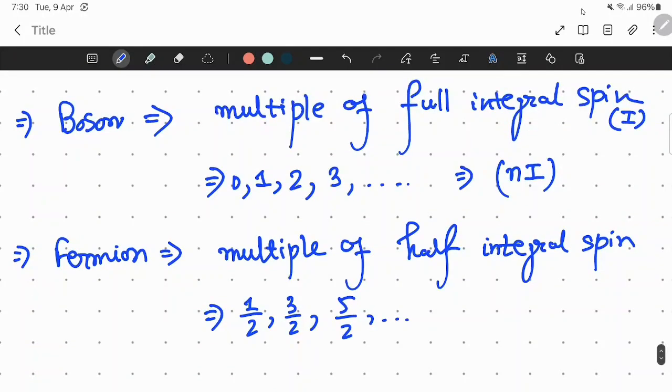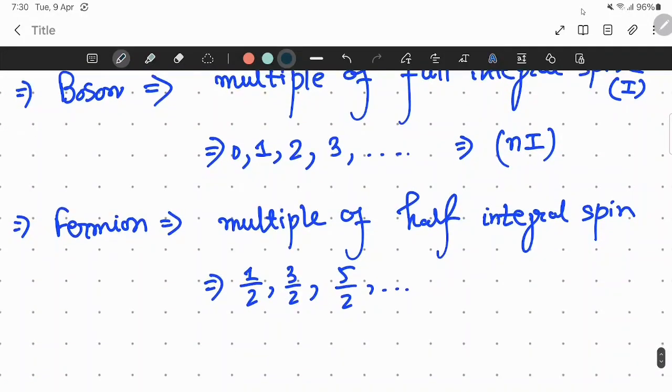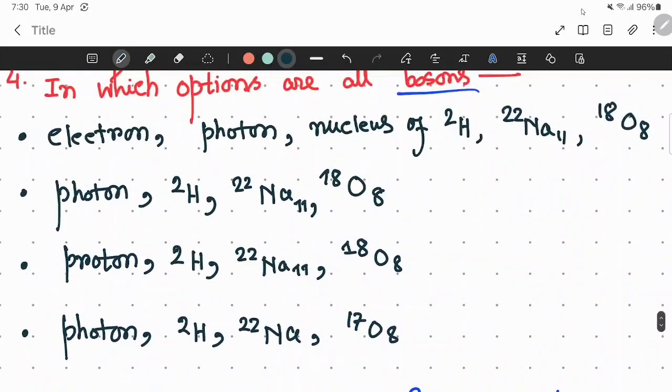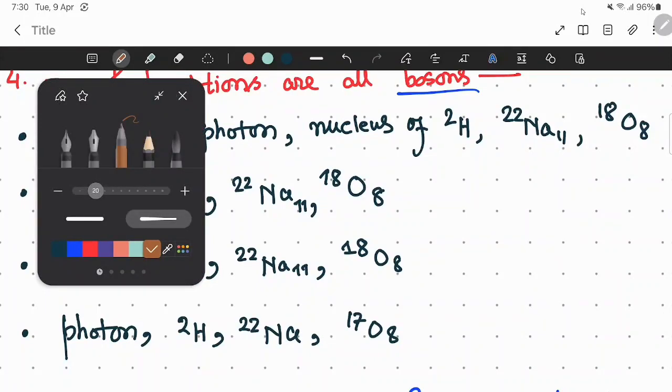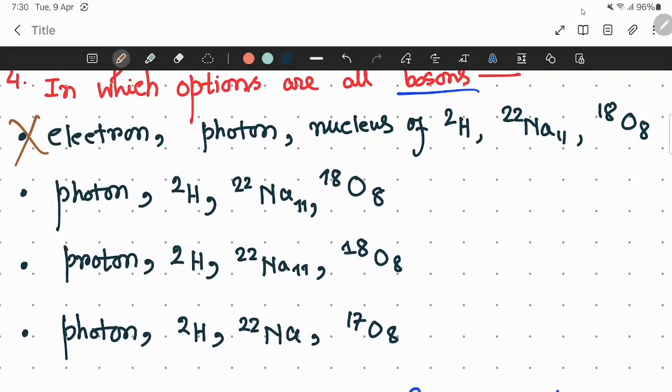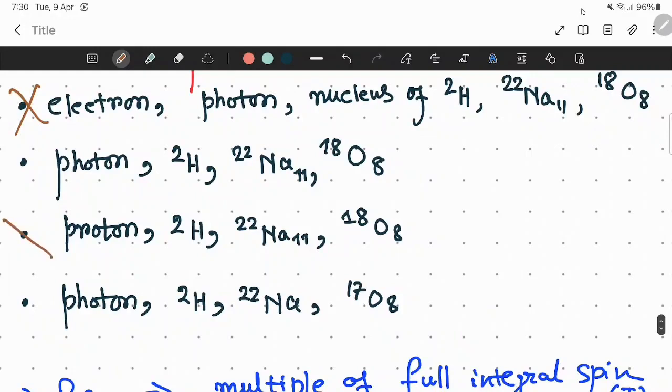So now we know for electron, proton, these are all fermions having the spin half. So essentially, you can directly eliminate this option because electron is there, this option, proton is there. So eventually these two options are left.